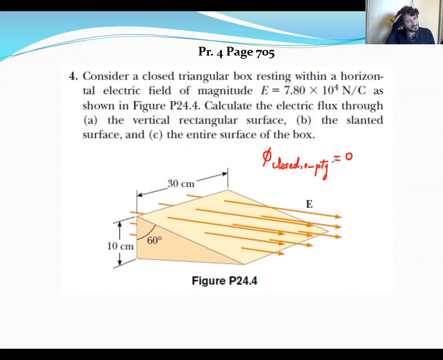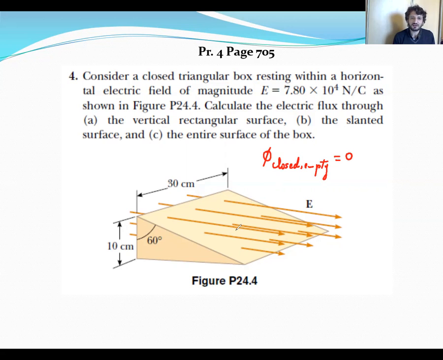We talked in the last video about a cube, and we calculated the flux through this cube. Now we have a horizontal, constant field with E equal to 7.8 times 10 power 4 Newton per Coulomb, as shown in the figure.